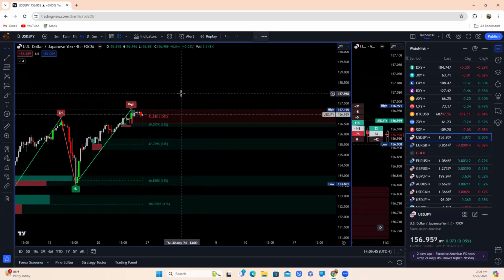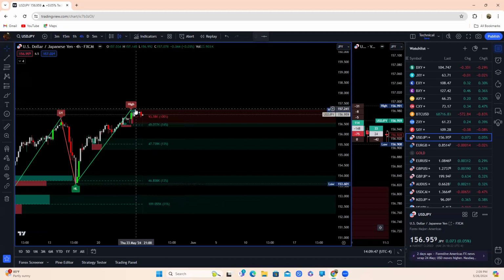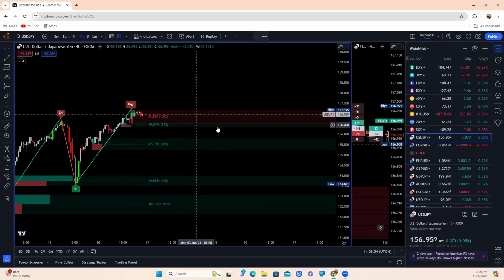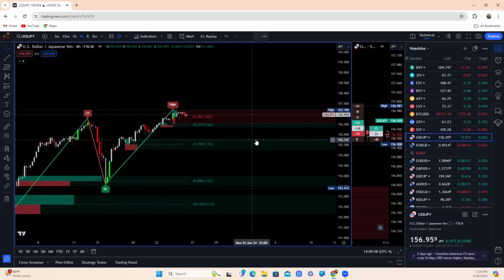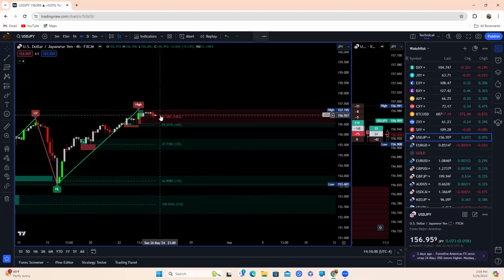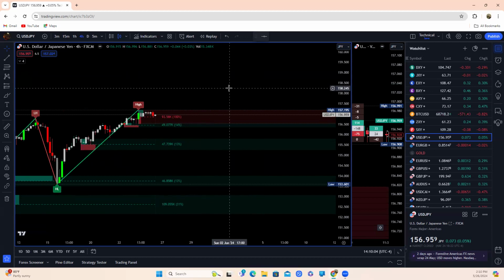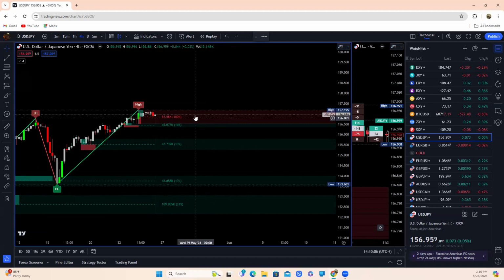The market didn't necessarily go up anymore, but you have more buyers, especially right now, yet the market didn't really push up. So what we're starting to see on this 4-hour chart is a consolidation. Out of a consolidation, the market can continue to push up, or we start getting into reversal territory.